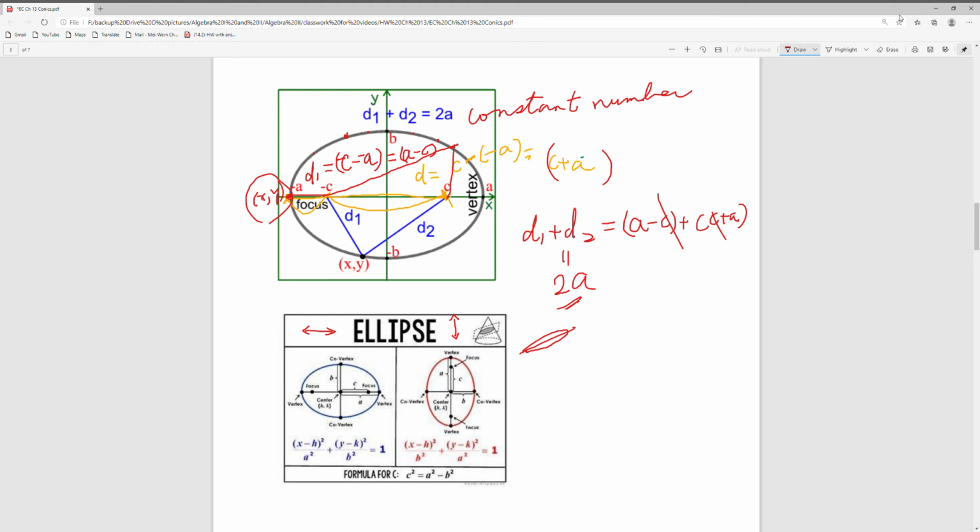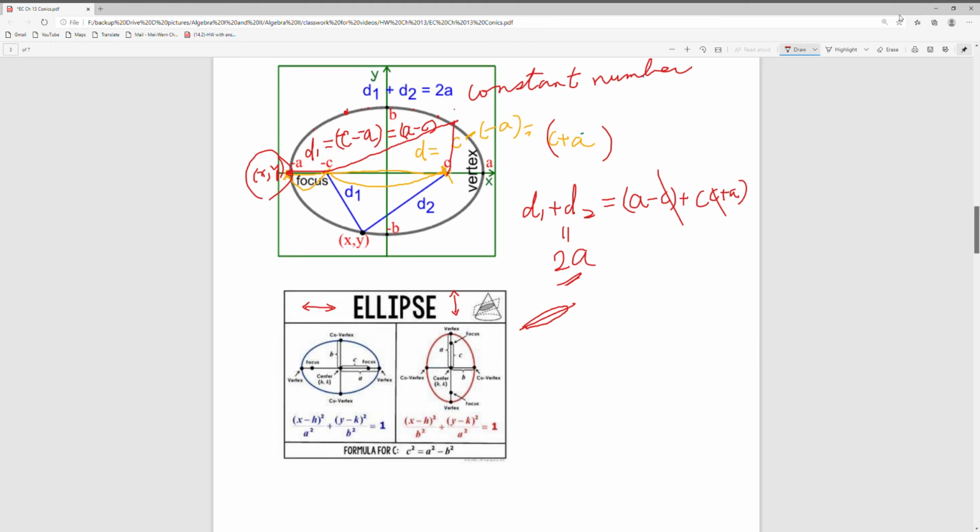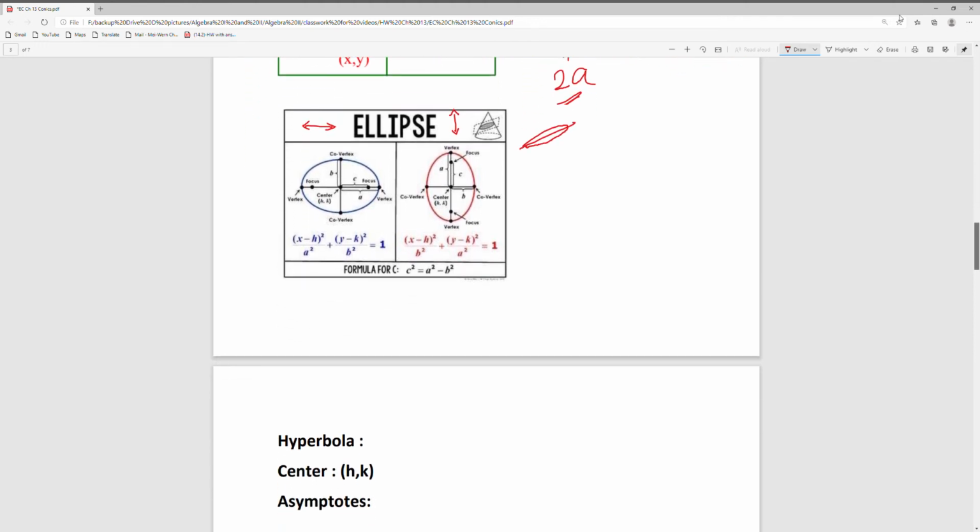And for these two types, the formulas are very similar. Always x minus h, y minus k squared. Always like this. But because it's not a circle, the denominators will be different.